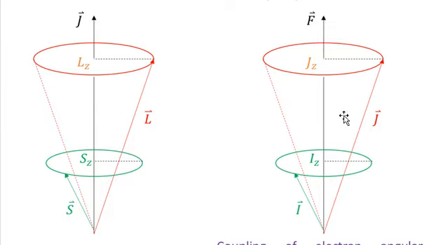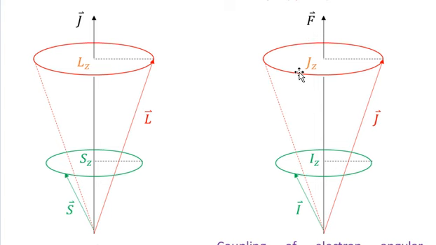Now on the right hand side, you can see that I have capital I as the nuclear spin, and capital J as the total angular momentum of the electrons. I and J combine to give you capital F, which is the total angular momentum of the atom.